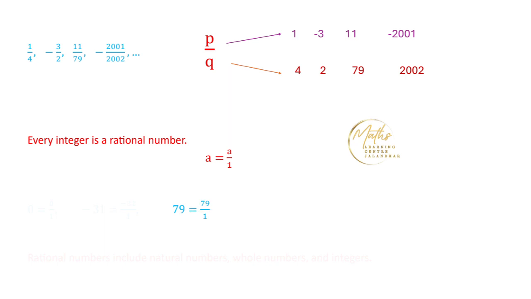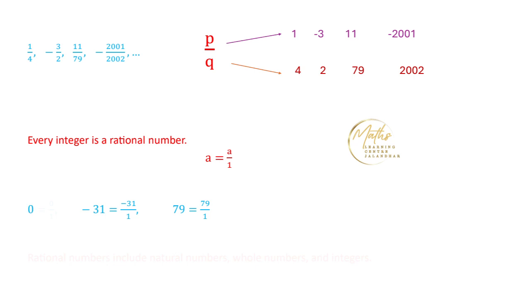This is a number in the form P by Q where the denominator Q is not equal to 0, so it is a rational number. Suppose I am talking about the number -31. This -31 is an integer and I can write it in the form -31 by 1. So clearly this is also a rational number.